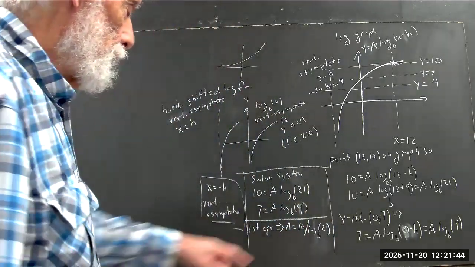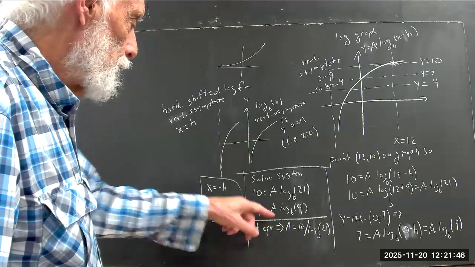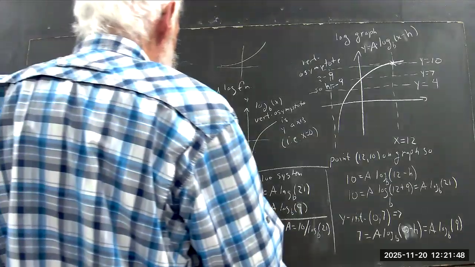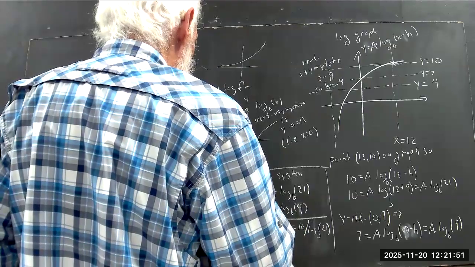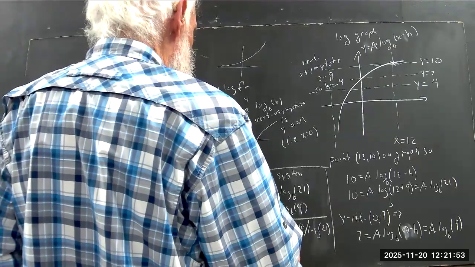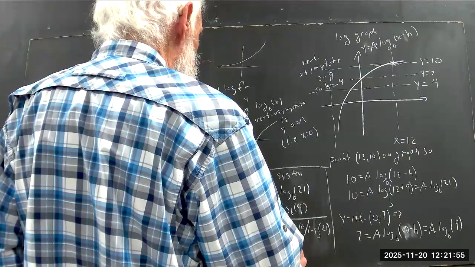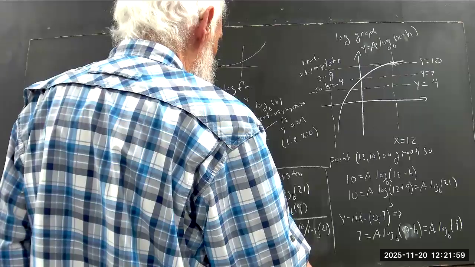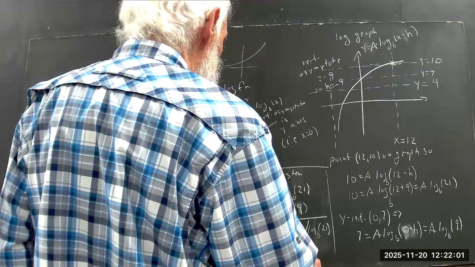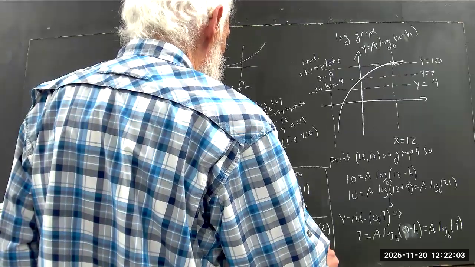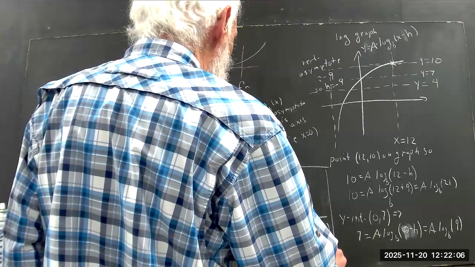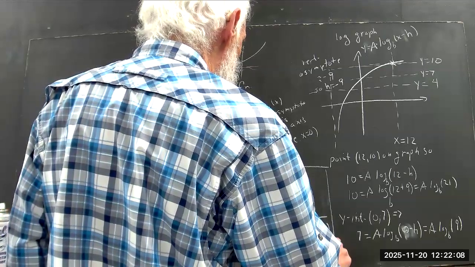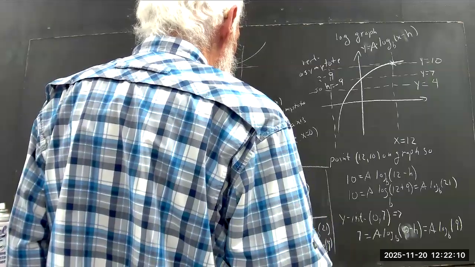Okay, so we solve for a, we plug it into the second equation. Second equation then tells us that 7 equals 10 over log base b of 21 multiplied by log base b of 9.